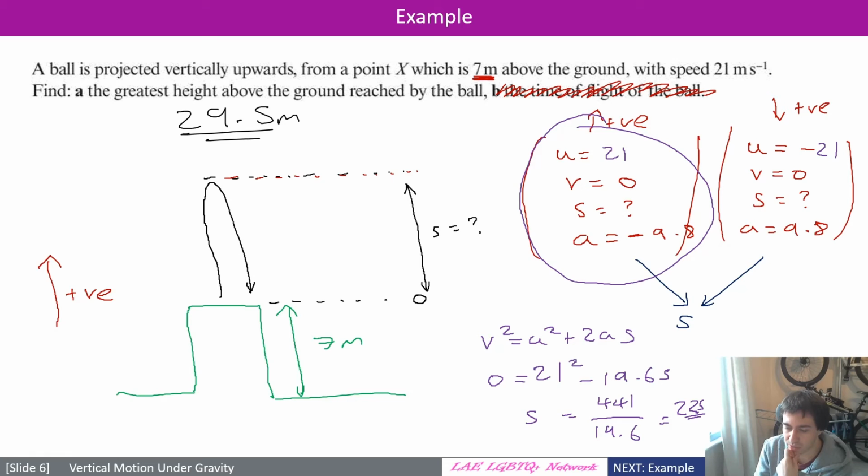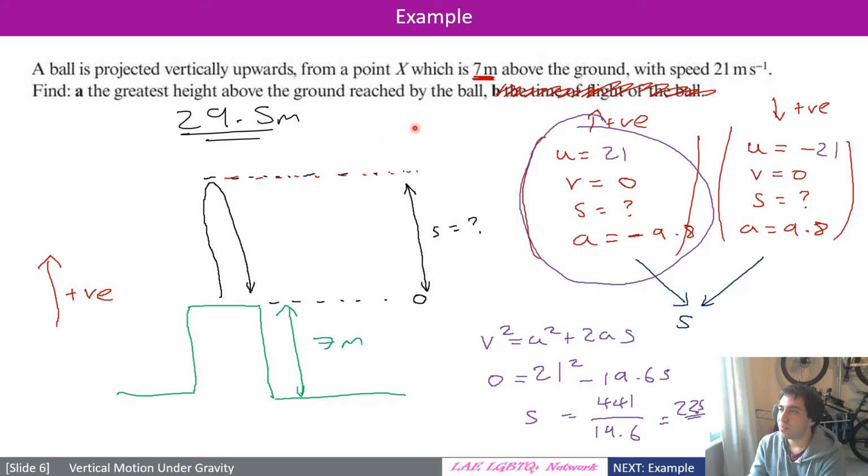You want to be aware that if your initial displacement is already not 0, then just call it 0, find the answer, and add on that number that it actually was at the end. Always just draw a diagram if you can't quite visualize the situation in your head.